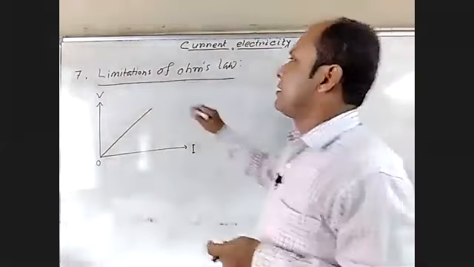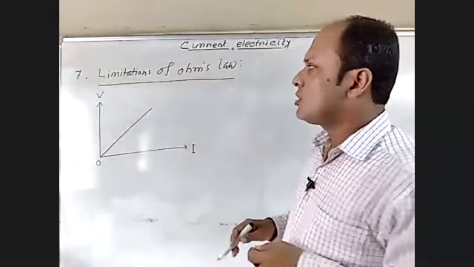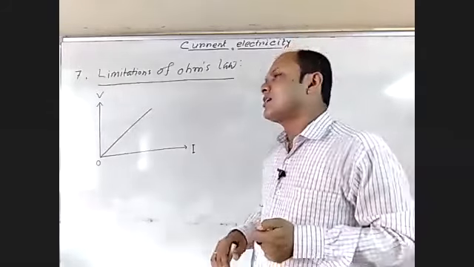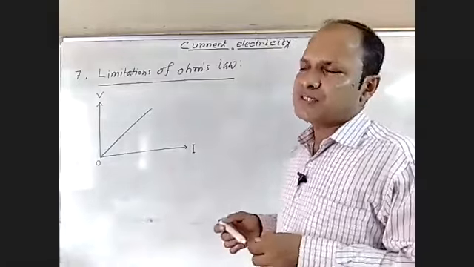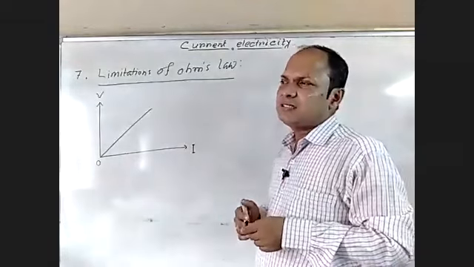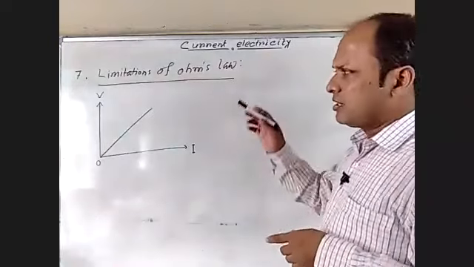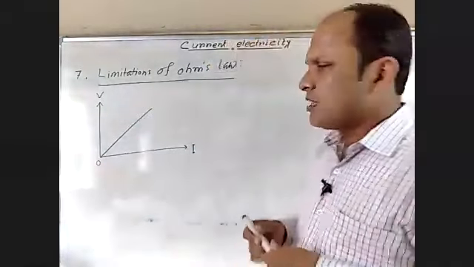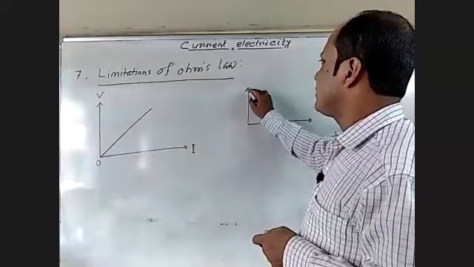But there are some materials that do not follow this type of relation between current and voltage. Say in the case of carbon, semiconductor devices, semiconductor substances, gallium arsenide, those are semiconductor compounds. They are not obeying the linear relation between the voltage and current. In the case of a diode, in our syllabus we have the experiment.